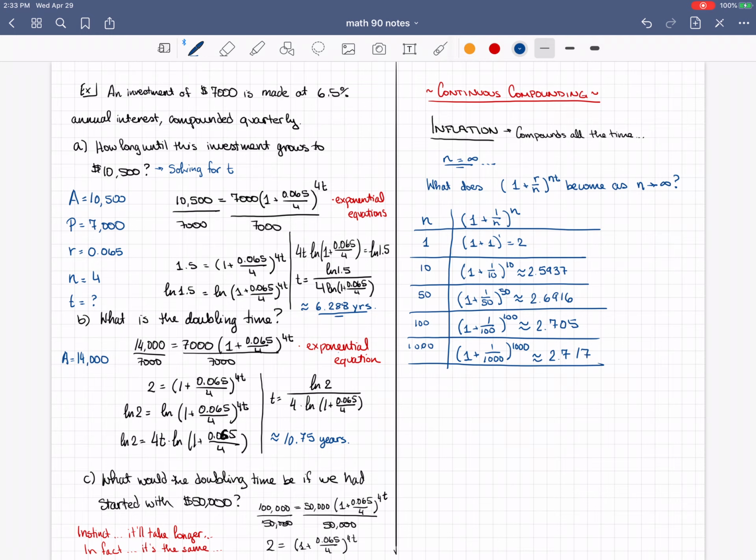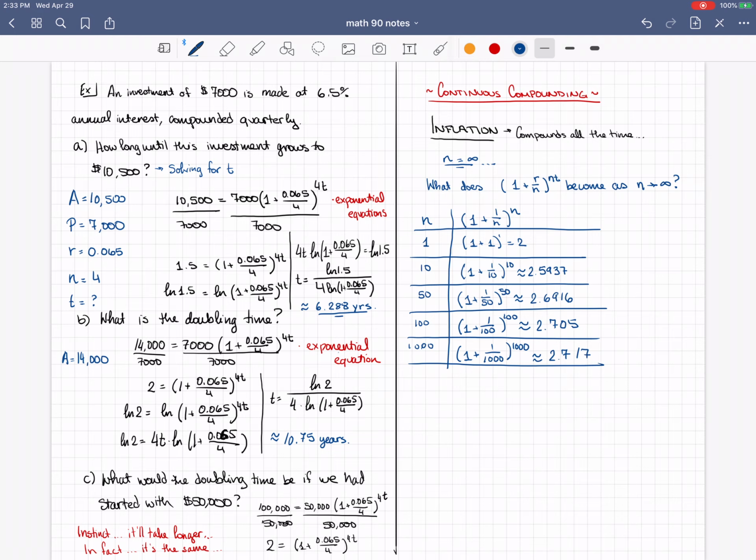So maybe this isn't reminding you of anything, but maybe it is. A while back when we were talking about logarithms and we introduced common logs, we introduced log, which is log base 10. And then we introduced natural log, which we label ln, which is log base e.